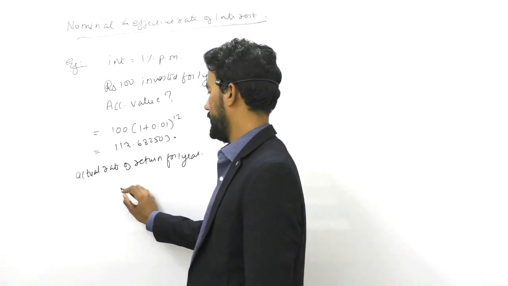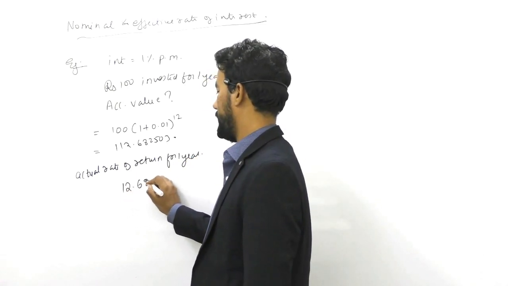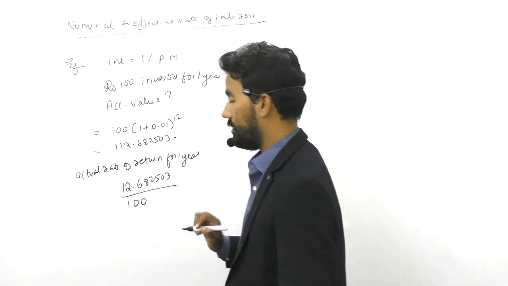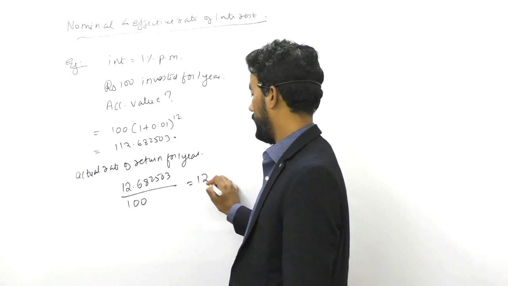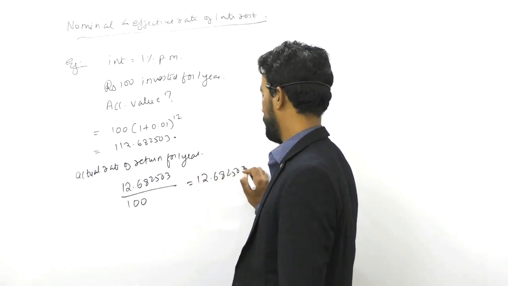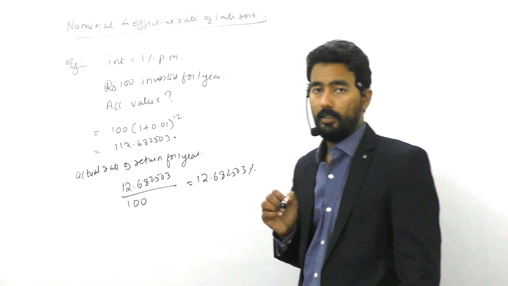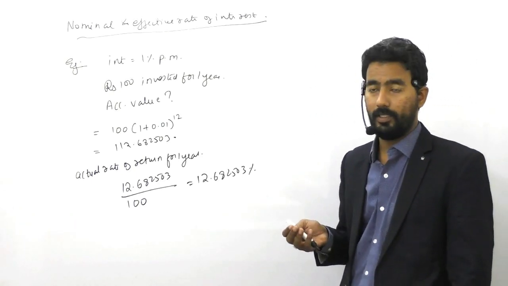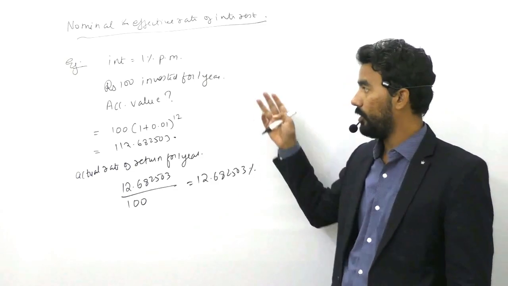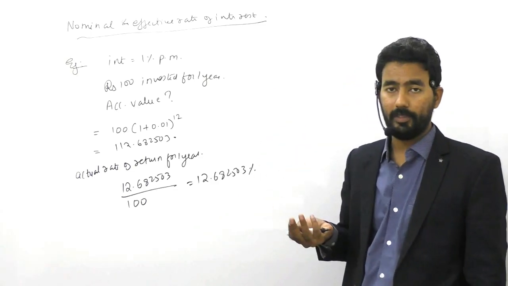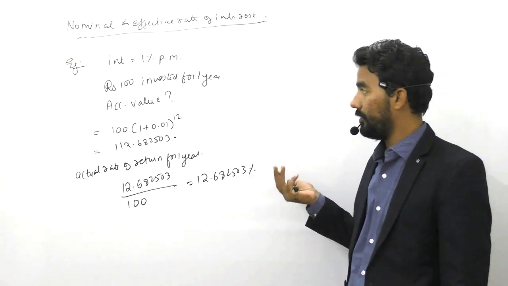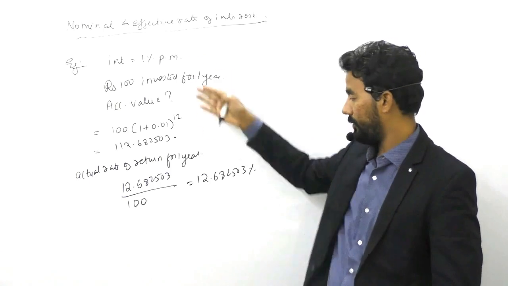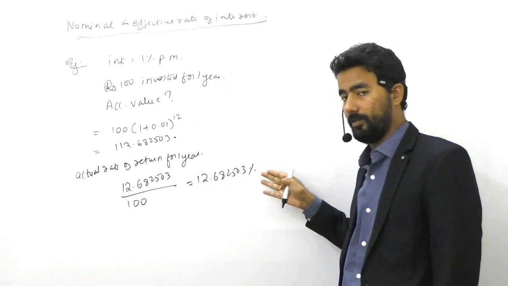The person has earned 12.682503 rupees on an investment of 100 rupees in 1 year, which makes it 12.682503%. So if the bank pays an annual rate of 12.682503%, or if the bank offers 1% per month, both are actually the same thing. They may sound different to you, but there is no difference between saying 1% per month or 12.682503% per annum.